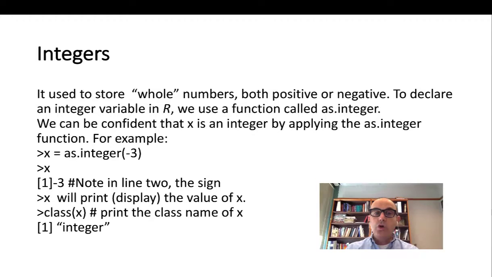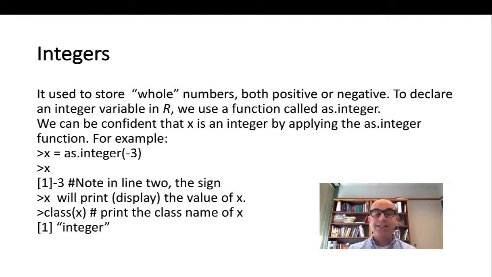We can also store a whole number, or integer, that can be both positive and negative. To declare an integer variable in R, we use the function called as.integer. And so we will be able to identify it as an integer and apply that.